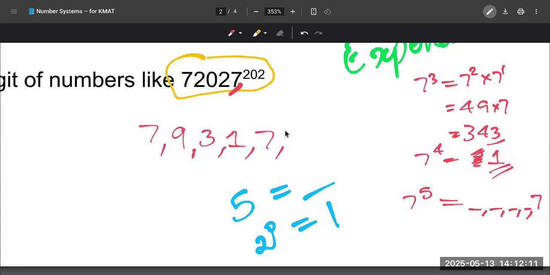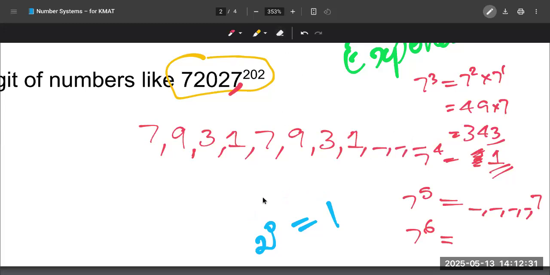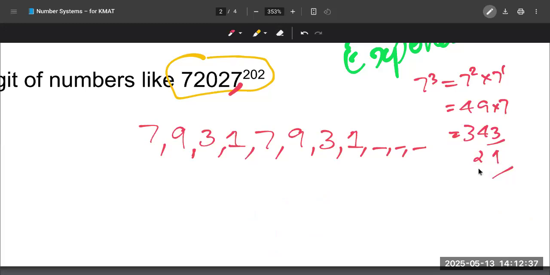For 7 raised to 6, the unit digit would be 9. For 7 raised to 7, it would be 3. For 7 raised to 8, it would be 1. And so on. Did you understand this principle?